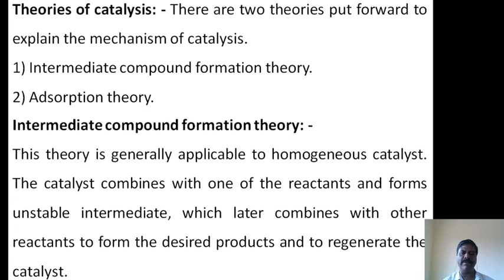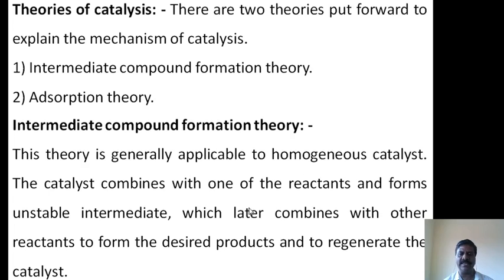The catalyst combines with one of the reactants and forms an unstable intermediate, which later combines with the other reactant to form the desired products, and regenerates the catalyst. Therefore, first the catalyst combines with one of the reactants to form an intermediate product.